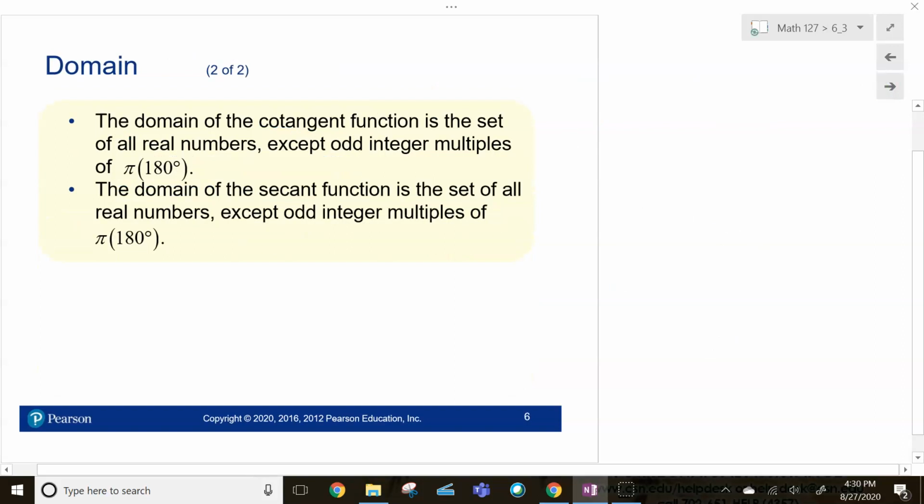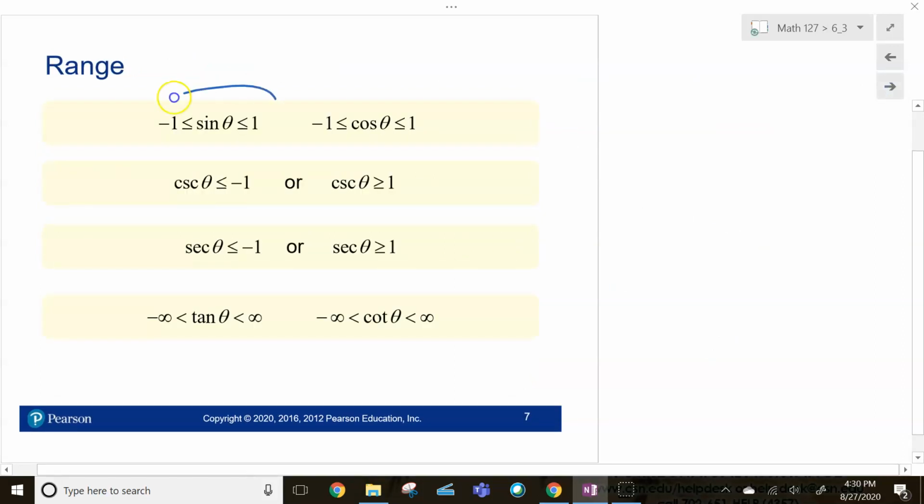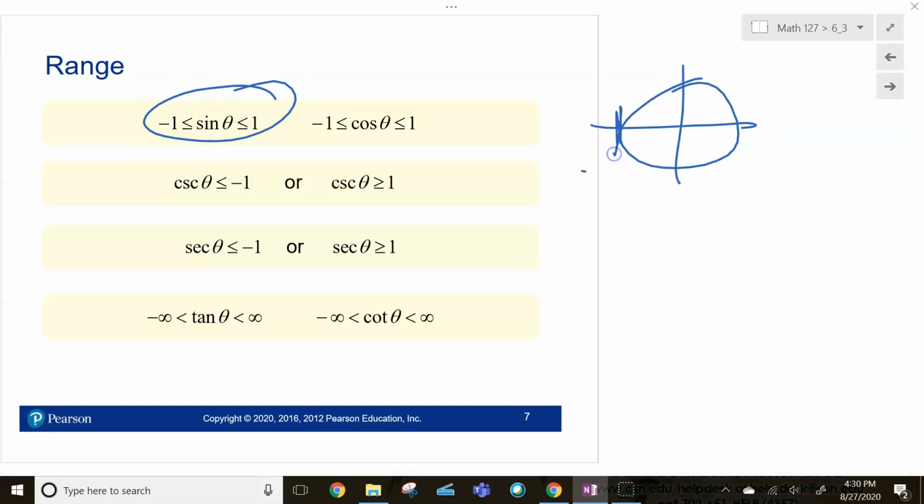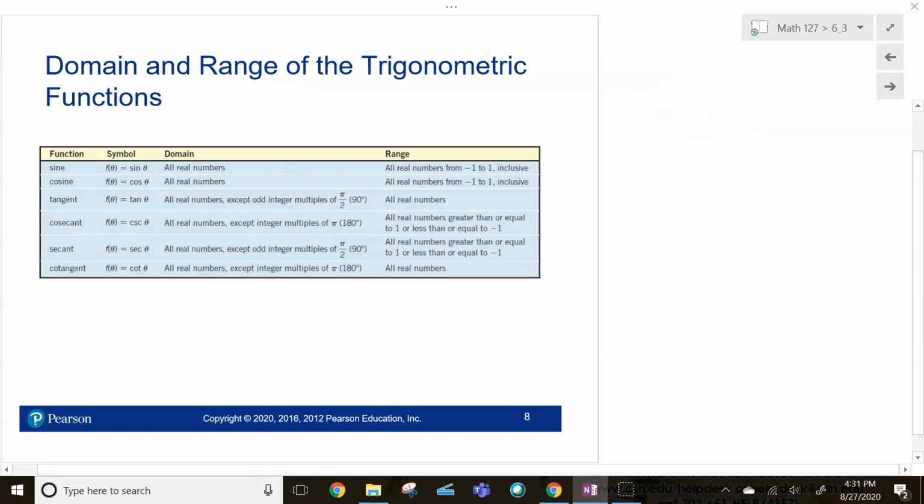So your range on that is going to be between -1 and 1. The cosine, on the other hand, the x values are going to be between -1 and 1 wherever the cosine is. That x value is always going to be a minimum of -1, maximum of 1. So there's your range on that. Again, we'll get more into those later in the course.